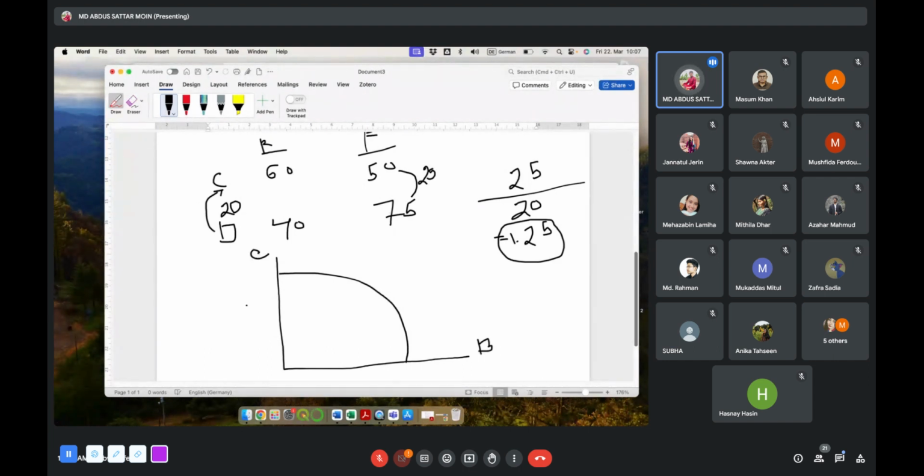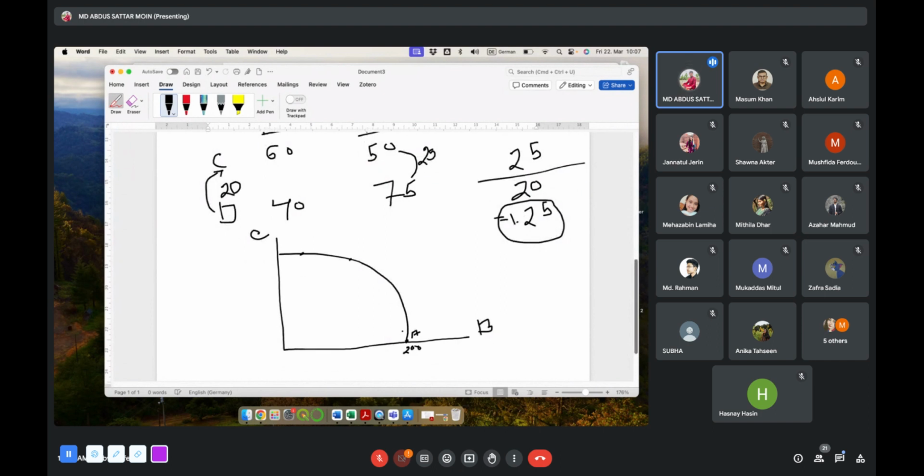Every point will be on this PPC. So let's say combination A will be here. This is combination A, where cloth production is 0 but book production is 200. Then the next point is B. B is cloth production 15. Let's say point B is over here.